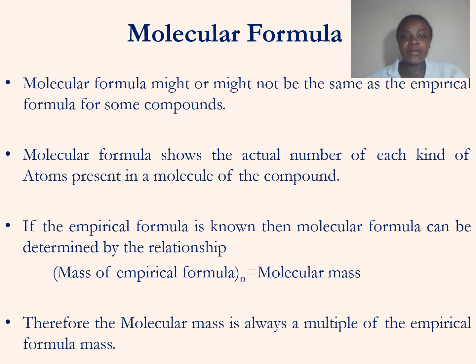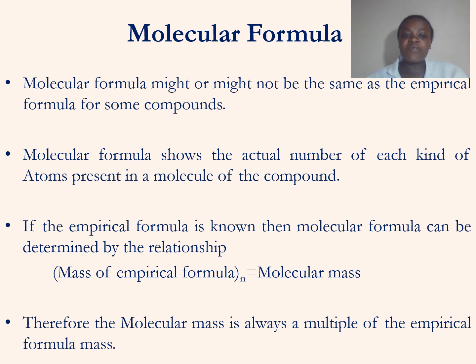We begin by saying that the molecular formula might or might not be the same as the empirical formula for some compounds. The empirical formula is not necessarily the same as the molecular formula, though at times the empirical formula is the same as the molecular formula. Unlike the empirical formula, the molecular formula shows the actual number of each kind of atom present in a molecule of the compound.